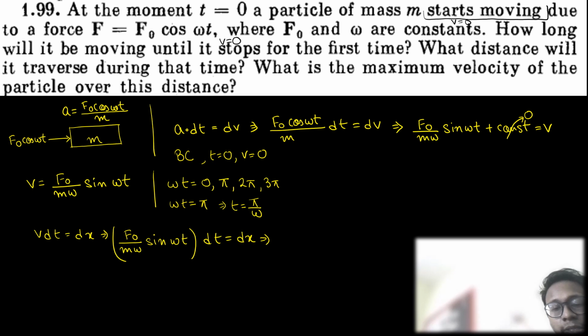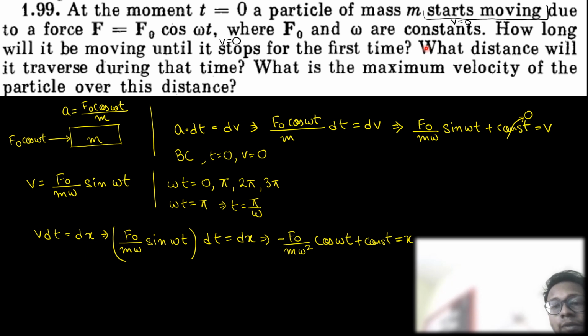Here what do I get? Minus F naught by m omega square cos omega t, plus some constant is equal to x.